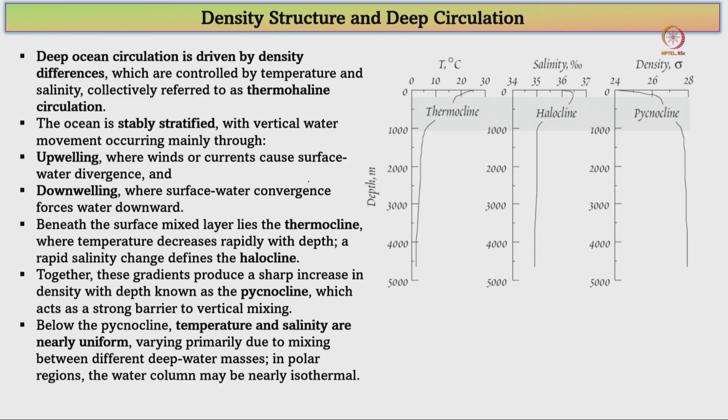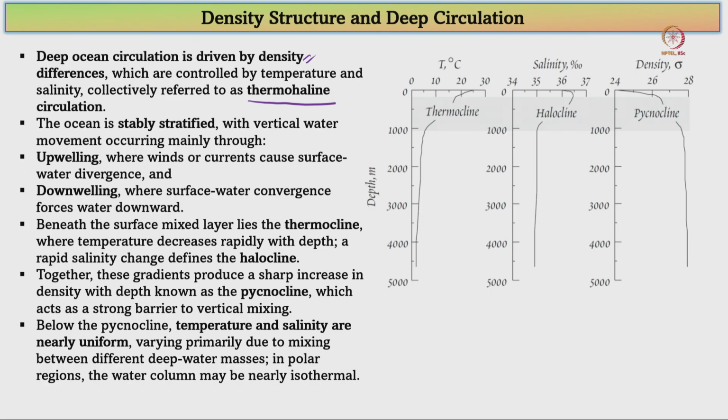But in the deep ocean, circulation is driven mostly by density, the heavy and light water, how it is mixing, which again is controlled by temperature and salinity, and therefore collectively called thermohaline circulation.